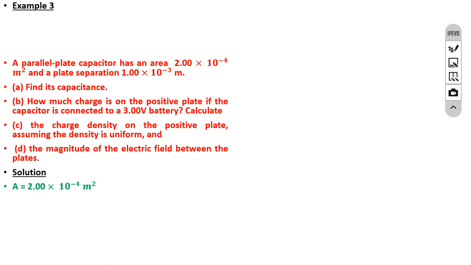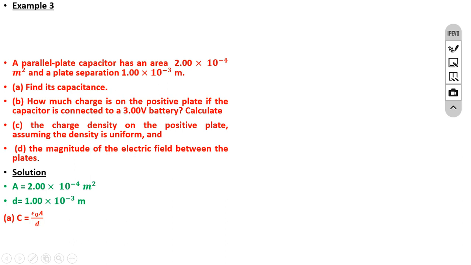Solution. So this is given. This one is also given. We pick a suitable expression, C equals epsilon naught A over D. So in place of A, we put the value we have here. Then in place of D, we also substitute the value.